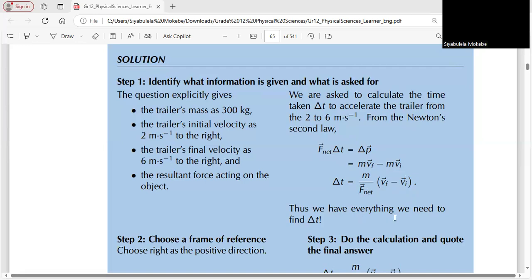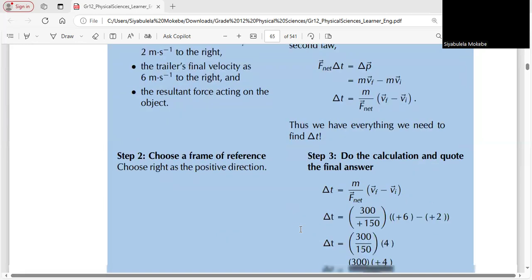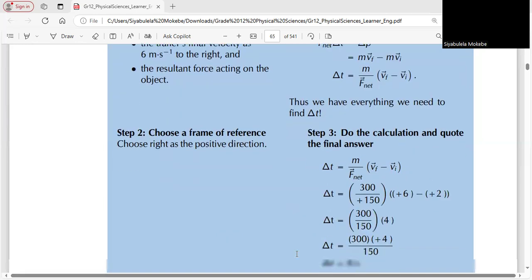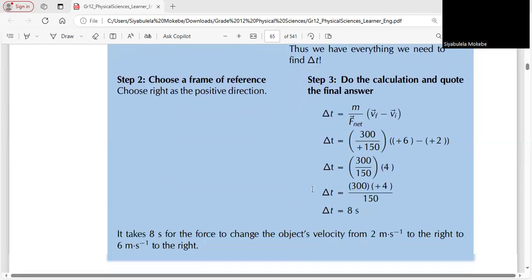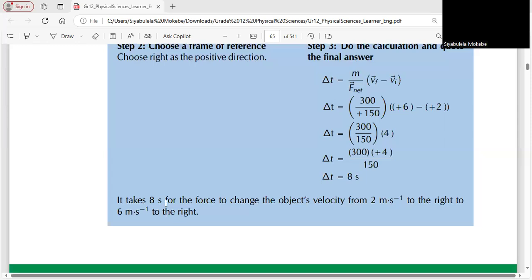Thus, we have everything we need to find delta t. If we substitute, the change in time is going to be 8 seconds. So it takes 8 seconds for the force to change the object's velocity from 2 meters per second to the right to 6 meters per second to the right.